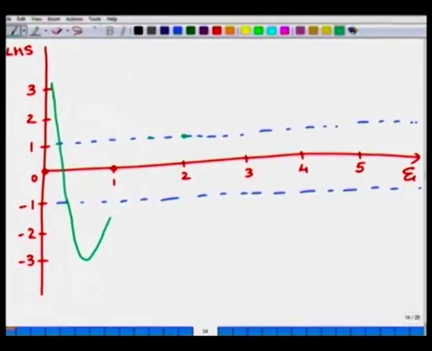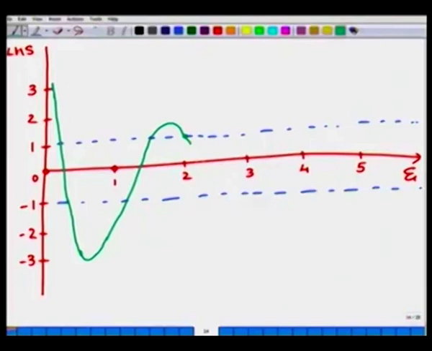When I plot this left hand side, it looks approximately like this, ever so slightly above and then something like this. So, this curve looks something like this.